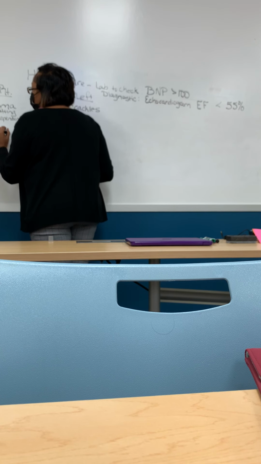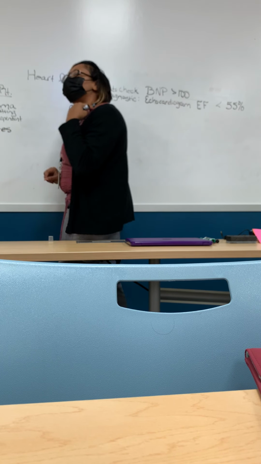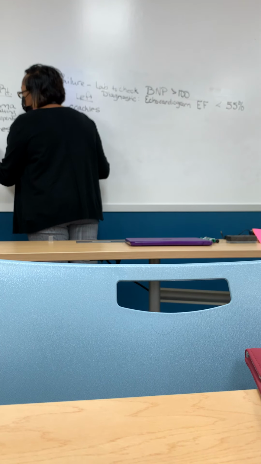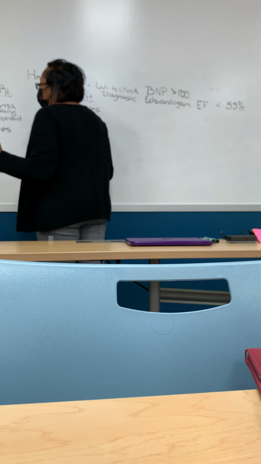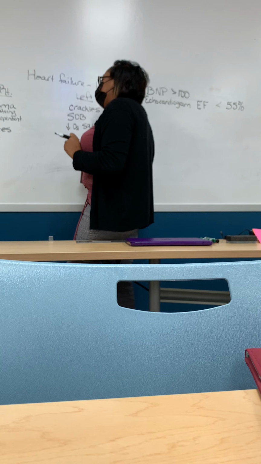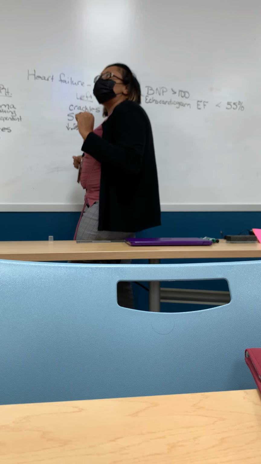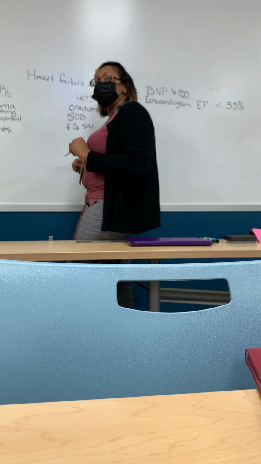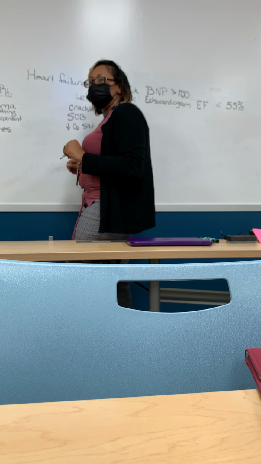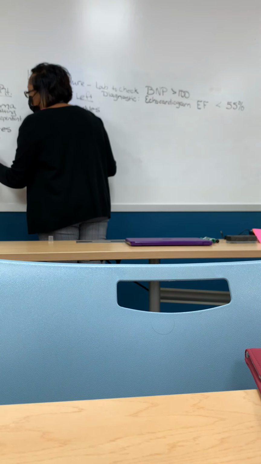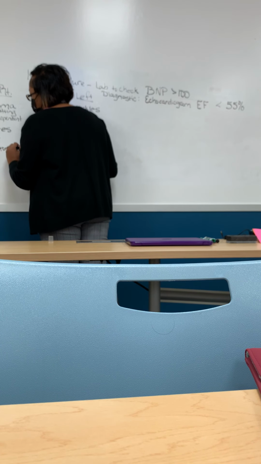If they have JVD, jugular vein distension, where the vein is sticking up, right. If they have hepatomegaly, where the liver's enlarged, right. So things that are going into the systemic area are going to be right.